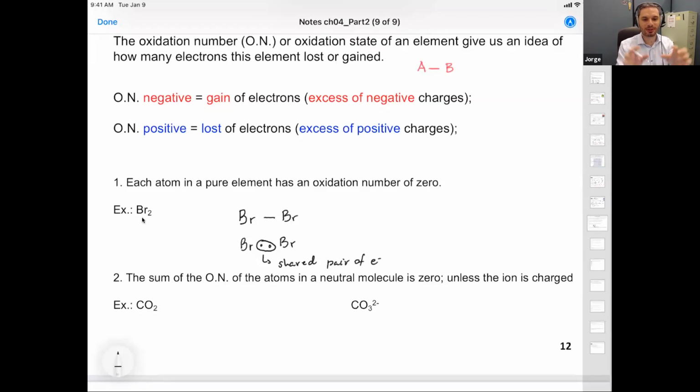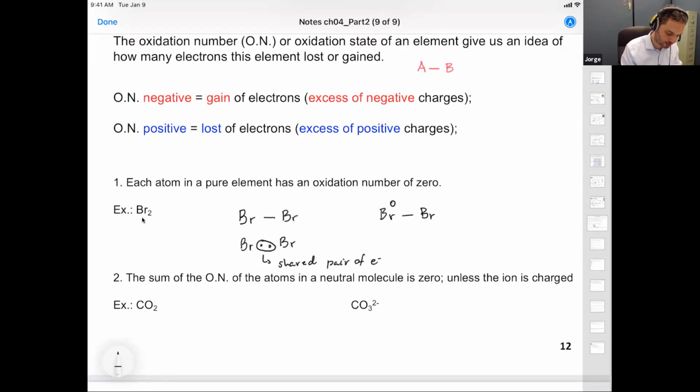So that means this pair of electrons is right in the center. So it's not close to the Br on the left and not close to the Br on the right side, which means nobody is gaining and nobody is losing. Therefore, the oxidation number for each bromine is 0.